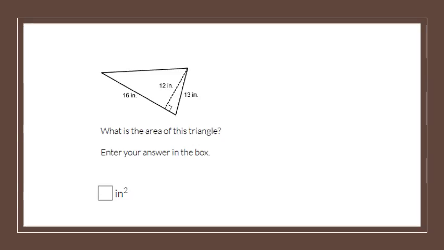Okay, what is the area of this triangle? So the area equals 1/2 times the base times the height. So I see the base is the bottom. That's 16 times the height. It's the part that is perpendicular to the base.